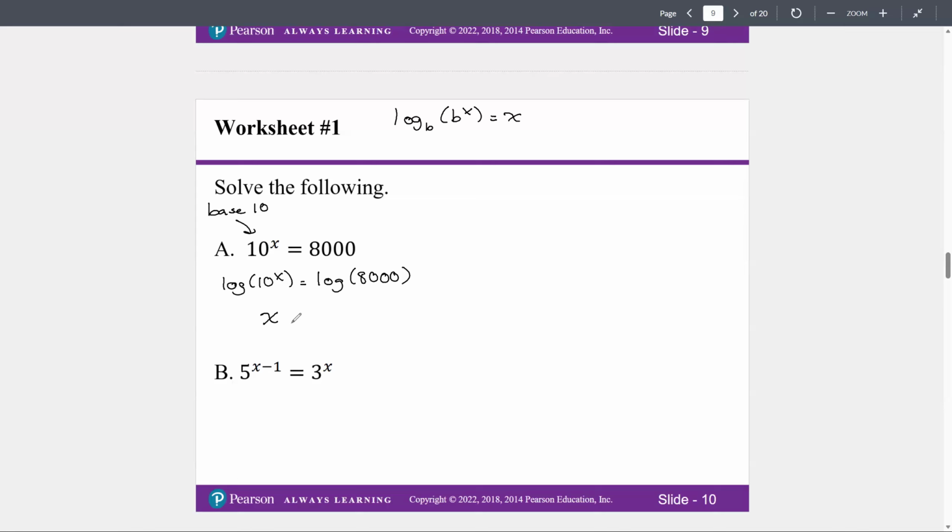That's just going to say just x. X is equal to log of 8,000. And if you use natural log, you probably would still get a correct answer as long as you were careful about rounding errors. So log of 8,000 is going to be 3.4031.